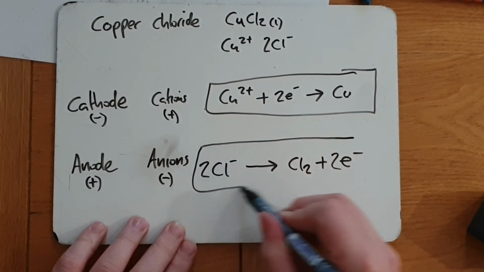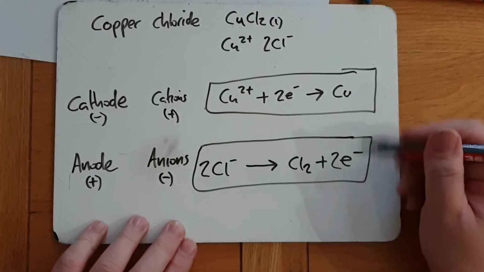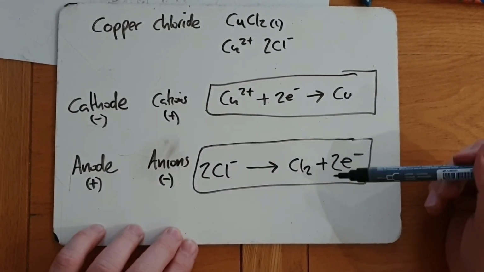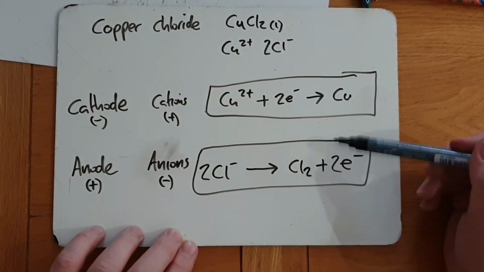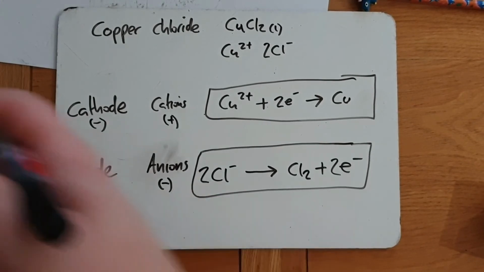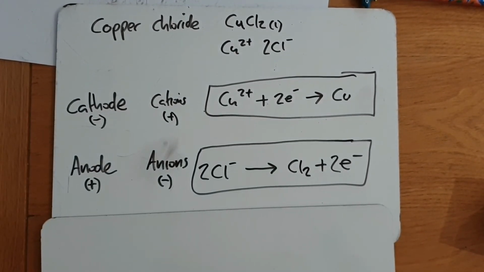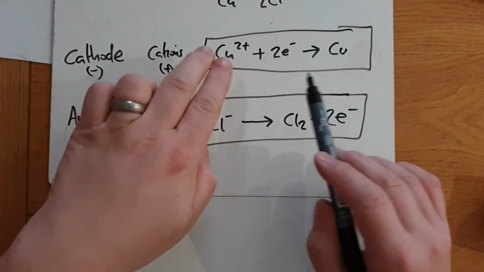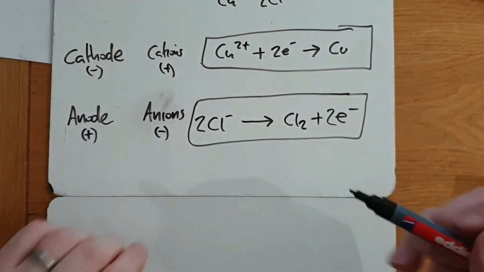Right. These two are called half equations because this is what's happening at the cathode, this is what's happening at the anode. They both represent half of the process. So 2 half equations make a whole equation. Just to explain that very quickly, if I'm going to join these together, I join together the left-hand side and then the right-hand side.